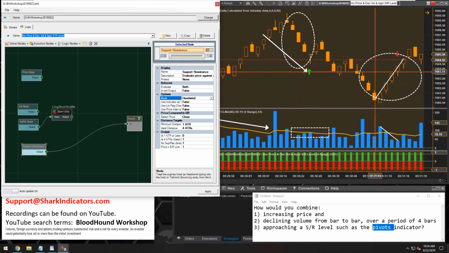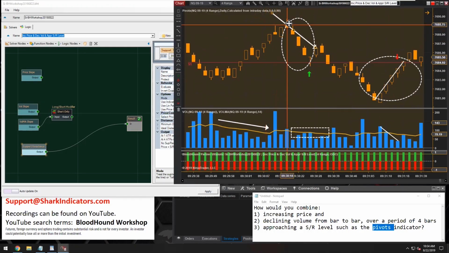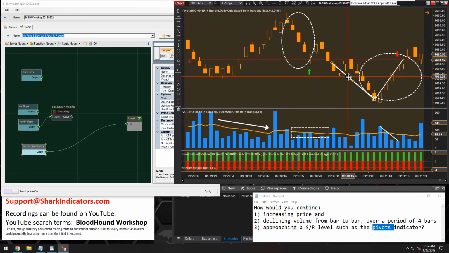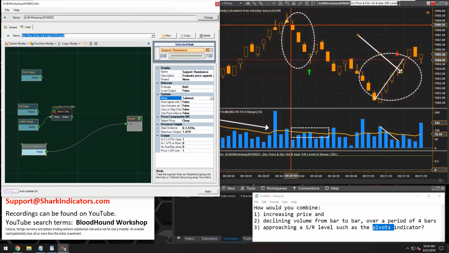So in this case, we're looking for price to come down and bounce off, or for price to move up and bounce off. So in that case, we are looking for tailwind mode. Yeah, if you're looking for price to bounce off of a level, then that is tailwind mode.